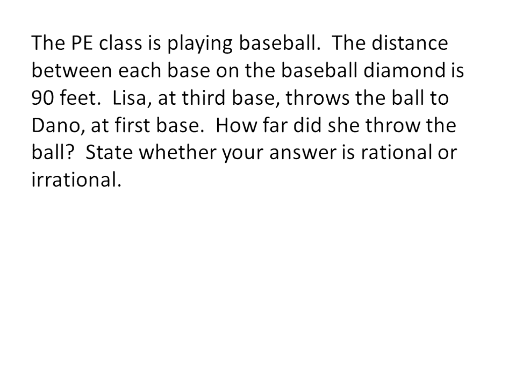All right. So we've got a word problem here. It says the PE class is playing baseball. The distance between each base on the baseball diamond is 90 feet. Lisa at third base throws the ball to Dano at first base. How far did she throw the ball? So let's draw a picture of that. We've got a baseball field.